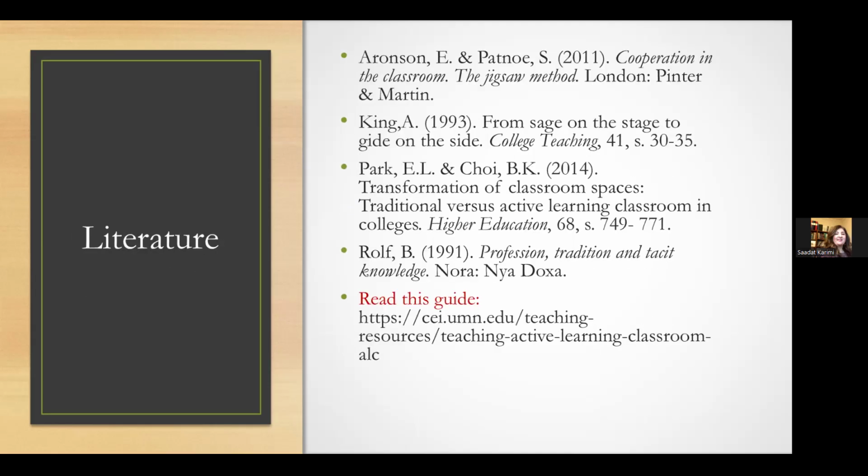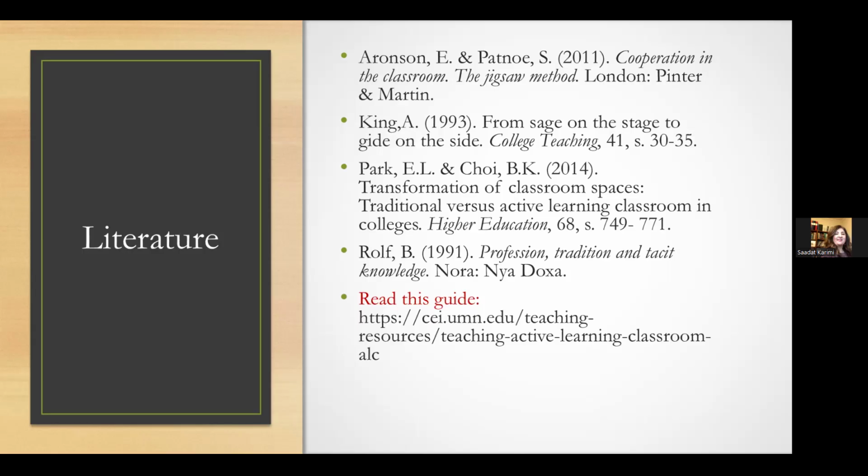Here you have the literature I have used. Aronson's partner cooperation in the classroom, the jigsaw method. The article by King, From Sage on the Stage to Guide on the Side.